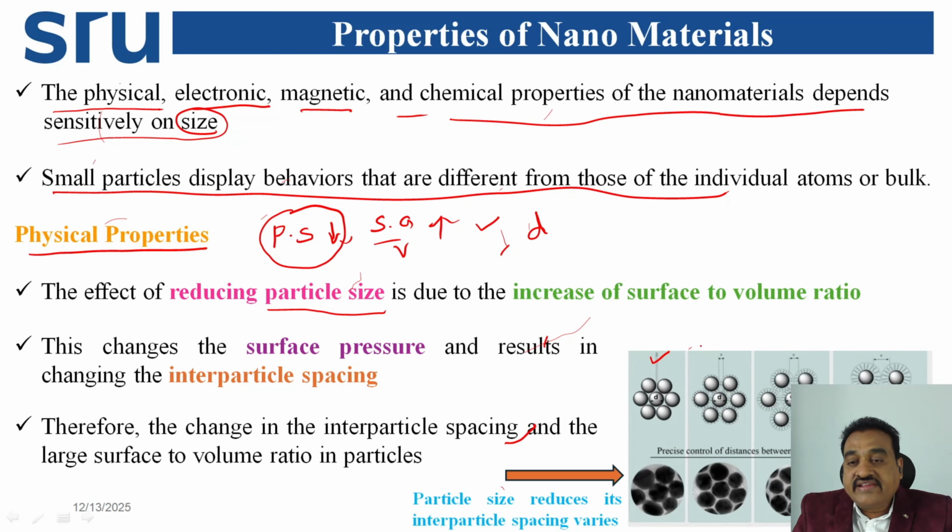It is increasing, here also increasing, here also increasing. The interplanar spacing is clearly changing. This represents the precise control of distances between gold nanoparticles. So as particle size decreases, surface area to volume ratio increases, the interplanar spacing value also increases, and the surface pressure also changes.